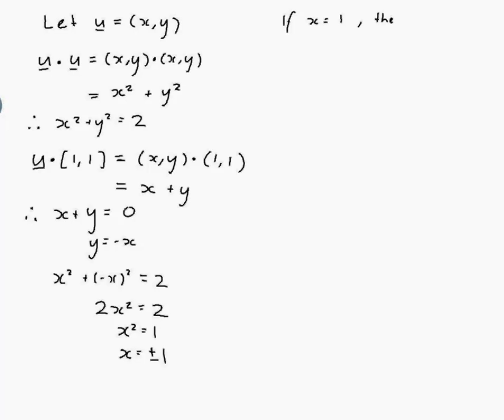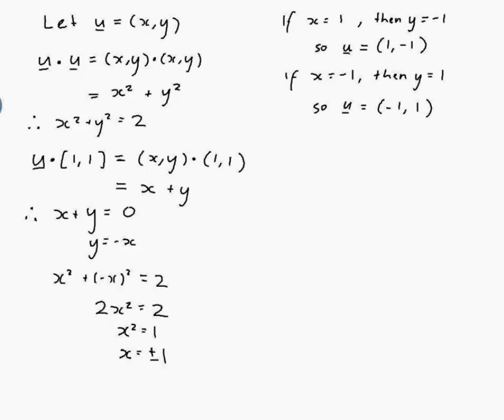So u would be equal to (x, y), which is (1, minus 1). If x is equal to minus 1, then y would be equal to minus minus 1, which would be 1. So u would be equal to (minus 1, 1).